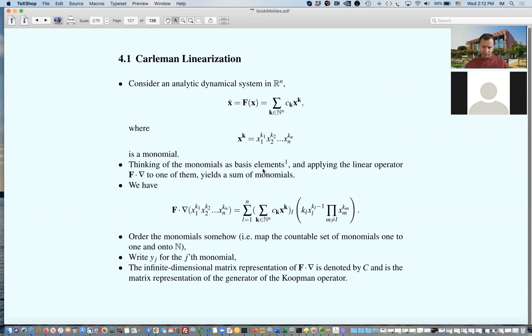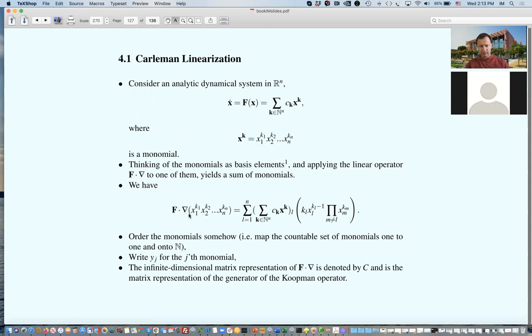But let's put that technical aspect aside for a moment, and we'll apply the linear operator f dot grad, which we know is our generator, the generator of the Koopman evolution. We'll apply f dot grad to a single monomial. Let's look at how this goes.